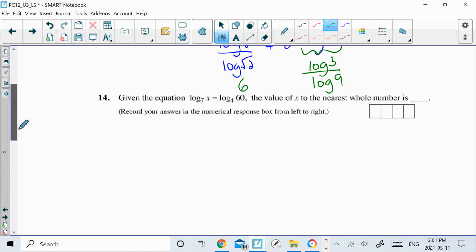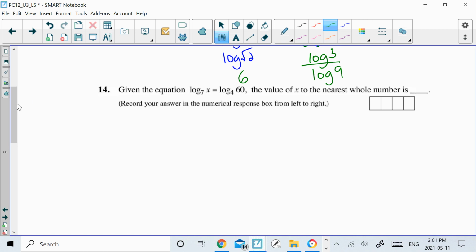Okay, question number 14. I consider this a standard of excellence question, and like I said, there's a couple of different ways that you could actually solve this. So I'm going to show you a different method than the workbook solutions, just so that you could see a variety of ways. So I'm going to rewrite this, and it's the log base 7 of x is equal to the log base 4 of 60.